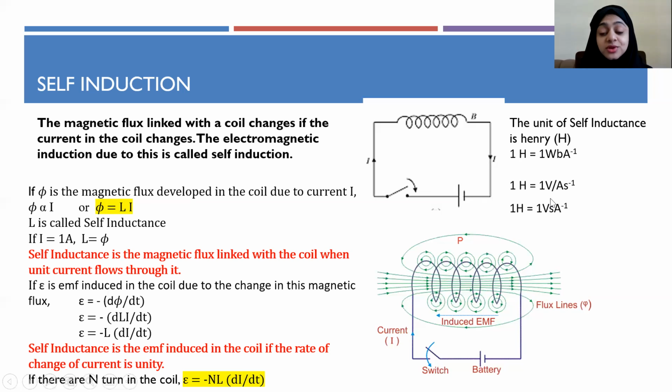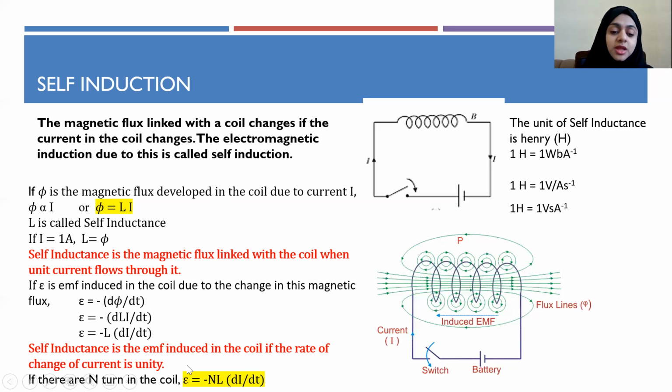Also, 1 Henry is equal to 1 volt per ampere per second. From where did I get this expression? Yes, from this equation. Here you know that EMF is in volt and di by dt will be in ampere per second. So if I take this to the other side, what will happen? It will be 1 Henry, and the number of turns doesn't have any unit.